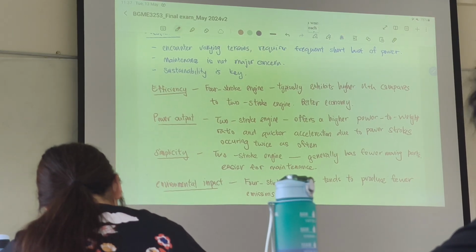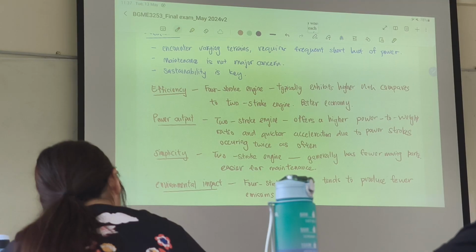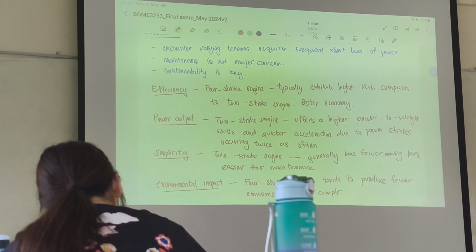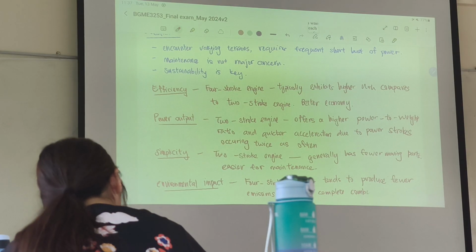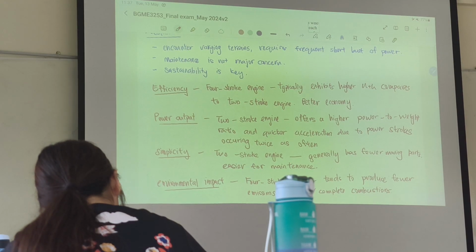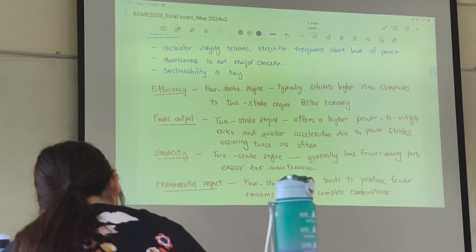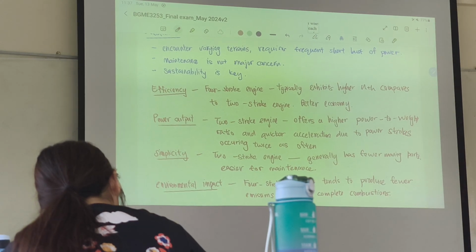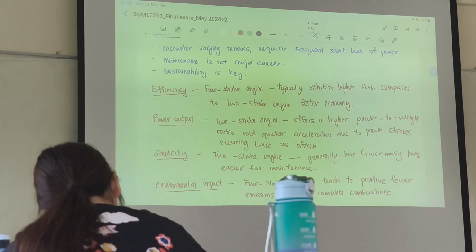Cleaner or more complete combustion. Because we know that for a four-stroke engine, the combustion will be more complete compared to two-stroke engine, where sometimes you will have unburned fuel as well, so the combustion is also not as clean.